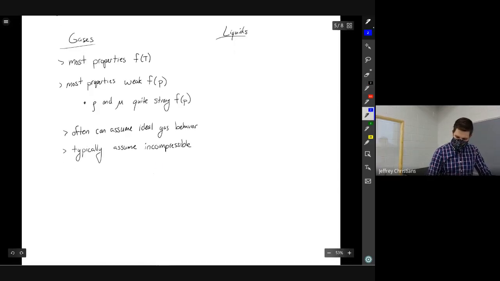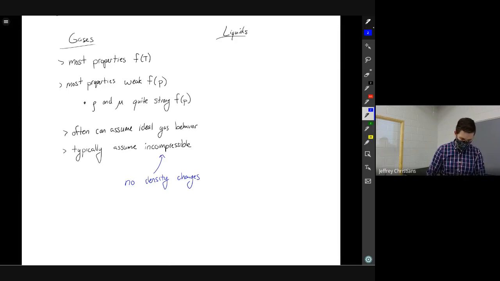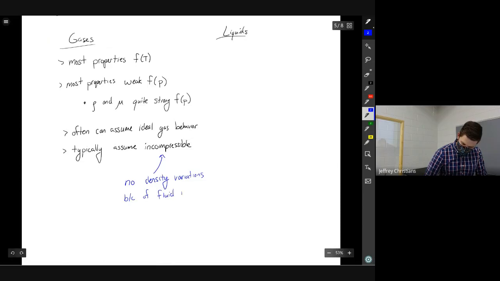Just to explain what this word means, incompressible means that we have no density variations in the gas because of the motion of the fluid.